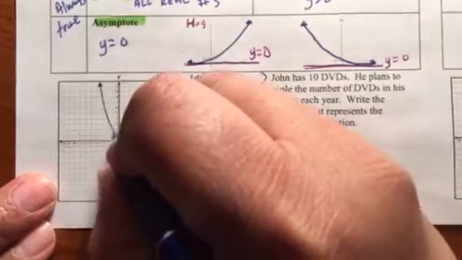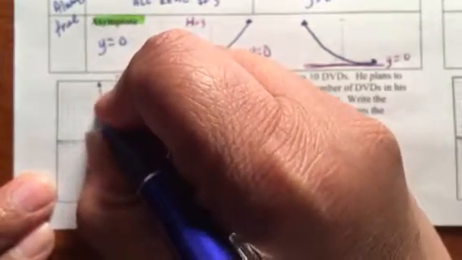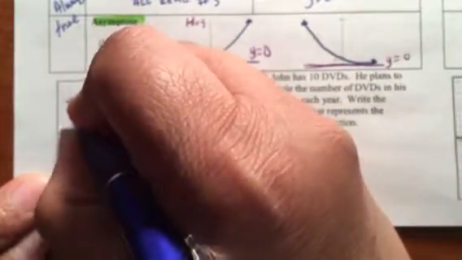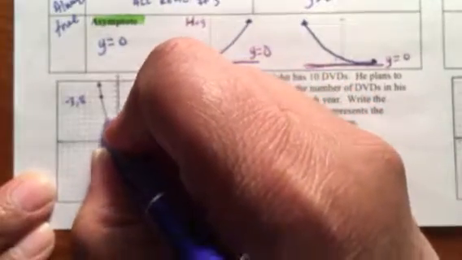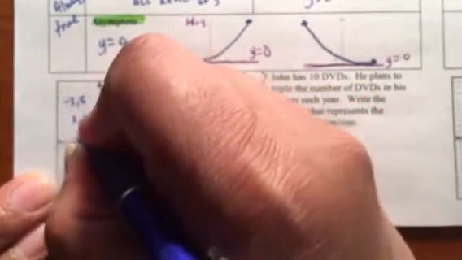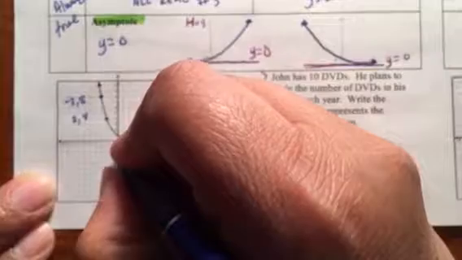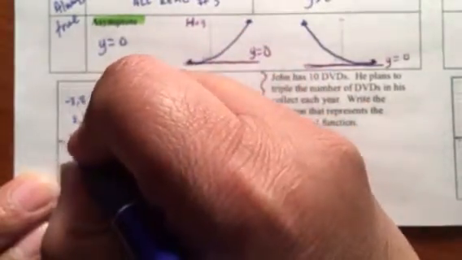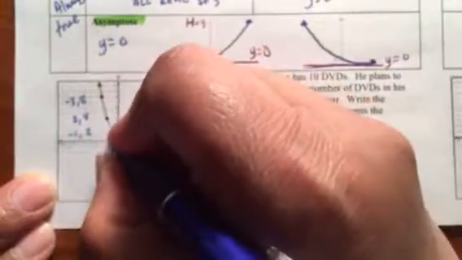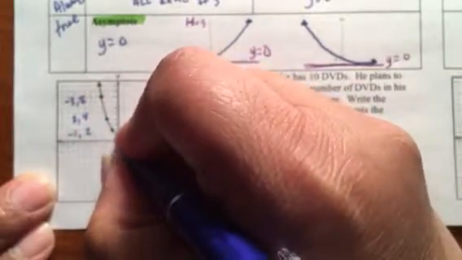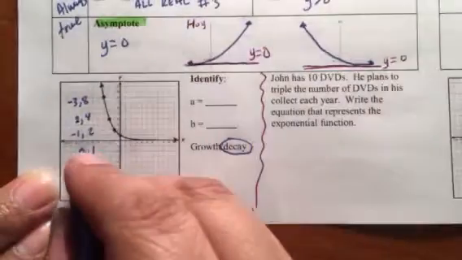So here, if I look, I have -3, 8, -2, 4, -1, 2, 0, 1. And there's my y-intercept.